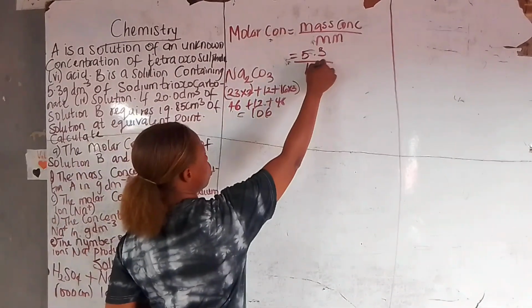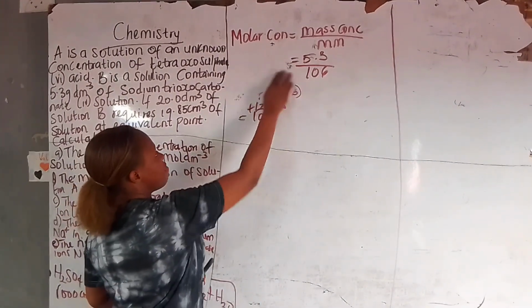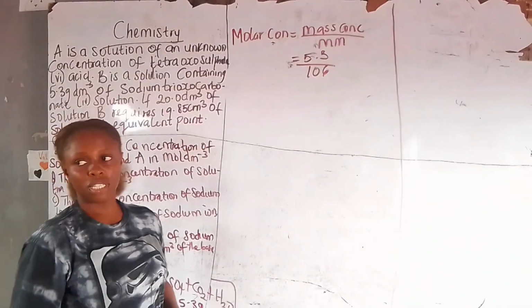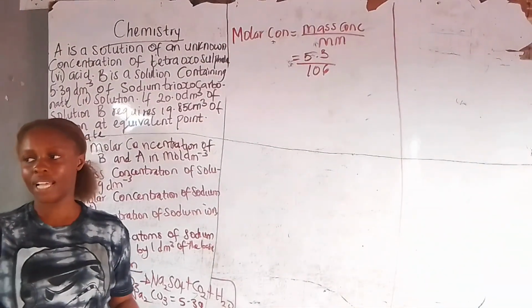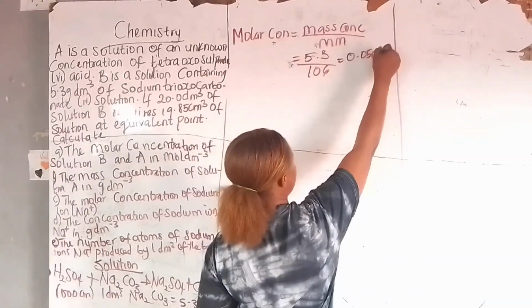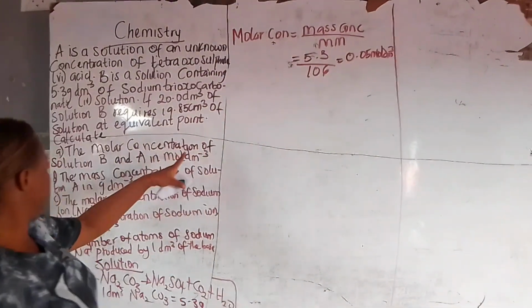So the molar mass is 106. Therefore, 5.3 divided by 106, that is 0.05 mole per dm cube. So this is the molar concentration of B.